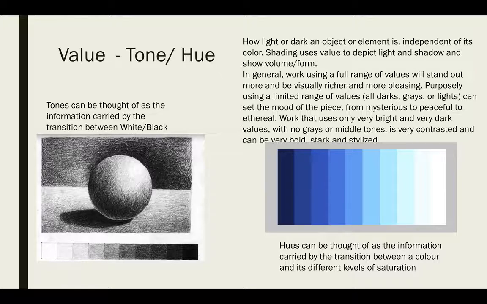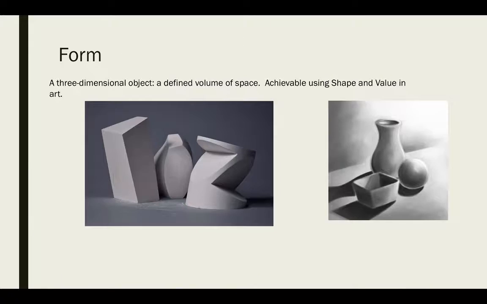And so moving on to that, we're actually going to talk about form. So form is a 3D sort of shape. It's a defined volume of space. We can achieve, like I said, the illusion of sort of three-dimensional form by using shape and value in art or design together.